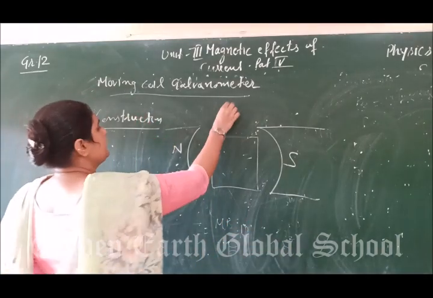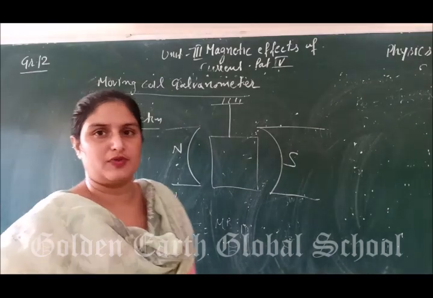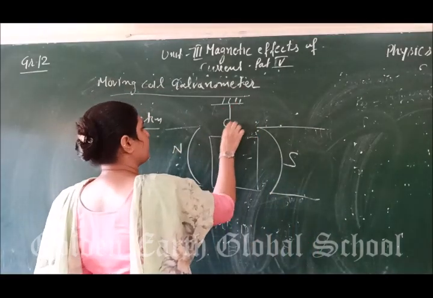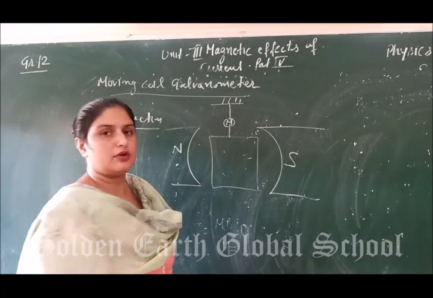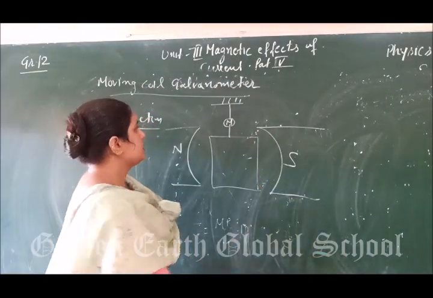Now this coil is suspended freely with the help of the phosphor bronze wire. Then here is the mirror, in which we are going to see the pointer.